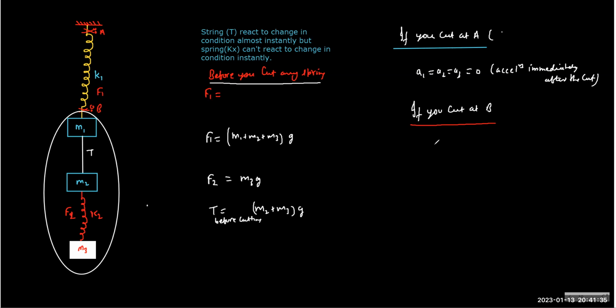Because now M1 will not experience T, it will experience T dash, a new value of tension. So when you cut at B, the force due to the upper spring will go away.